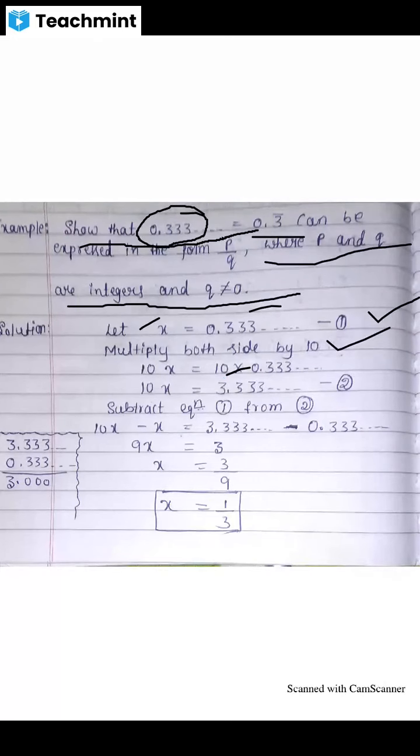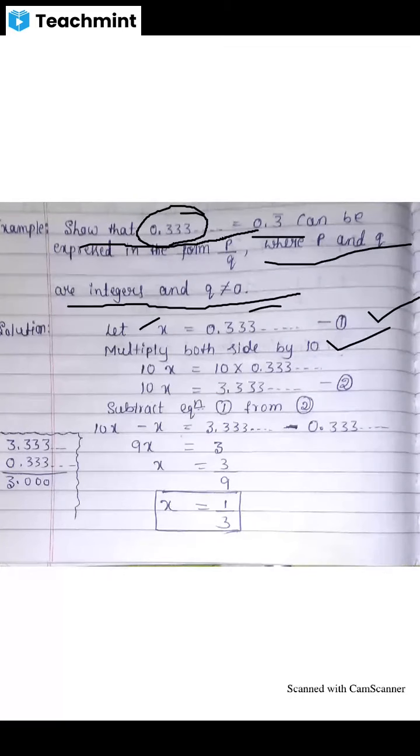Are you observing this step? We have to multiply both sides by 10. So when we multiply x into 10, we get 10x on this side. Then 10 into 0.333 and so on.